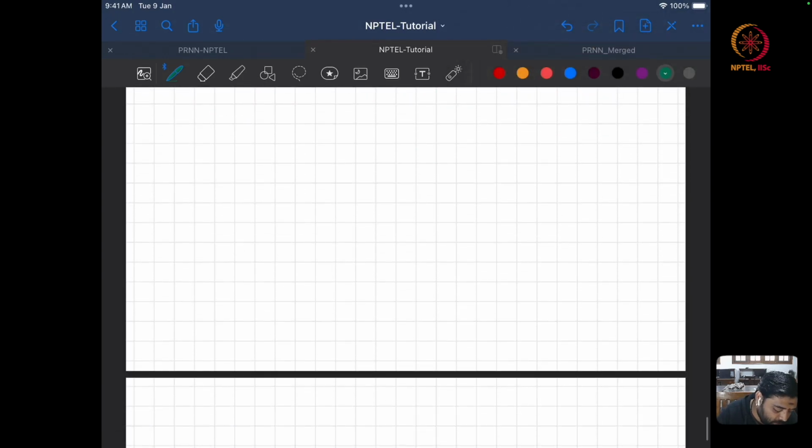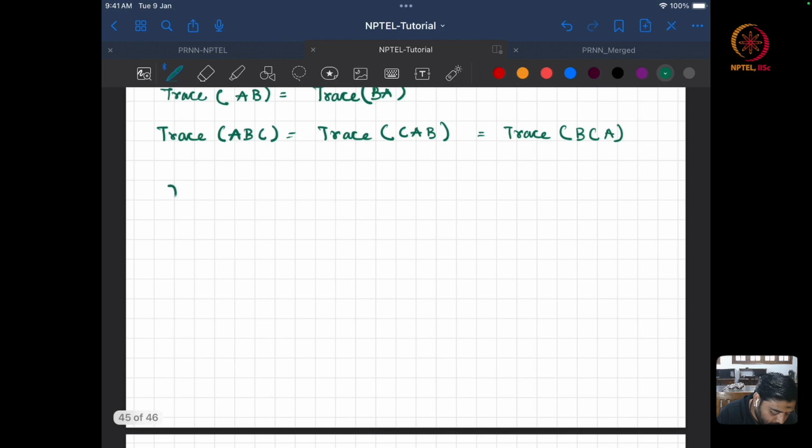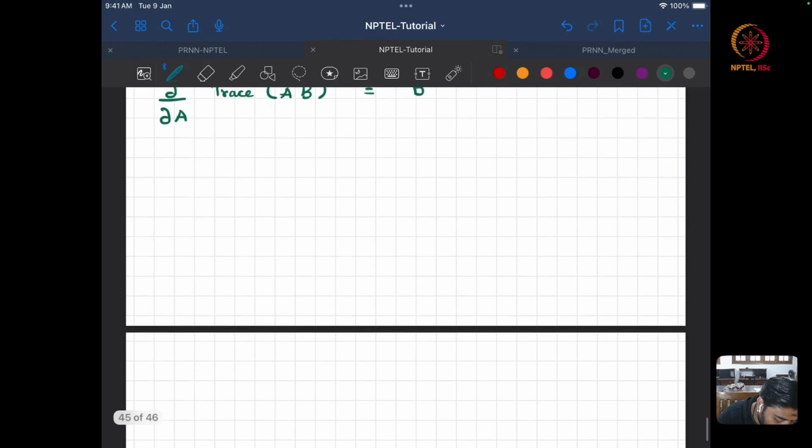So now if I take the derivative of this trace of A transpose B, it will be B. Now we all know the trace is a scalar.